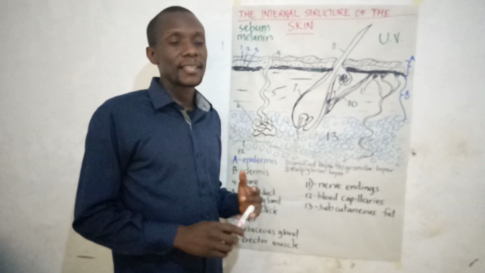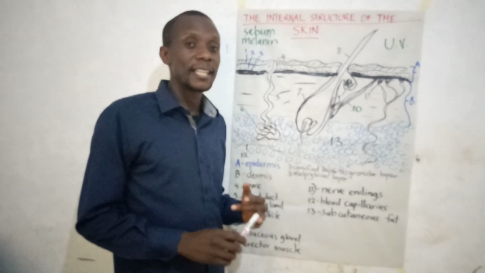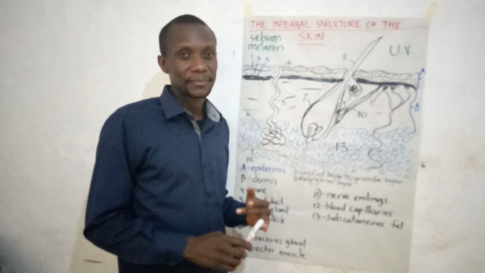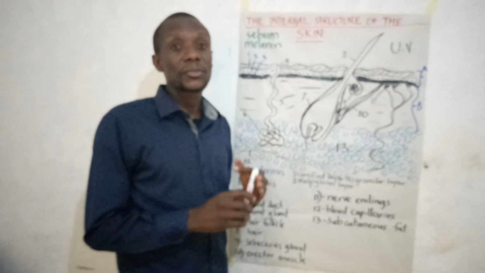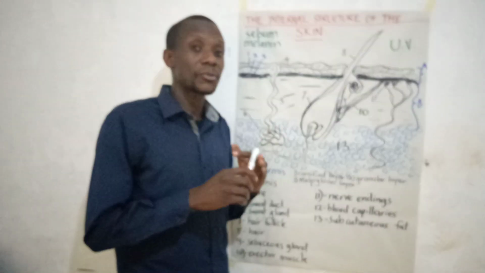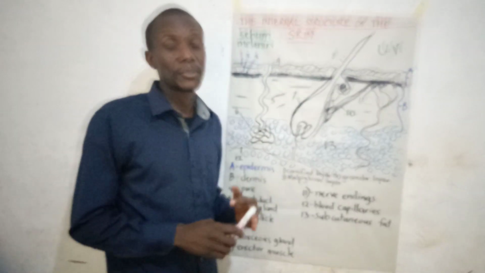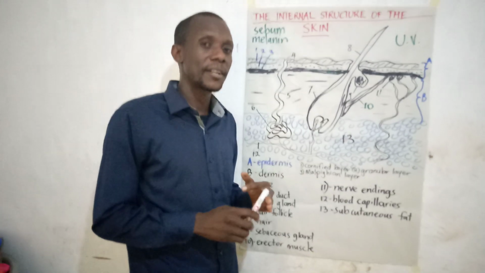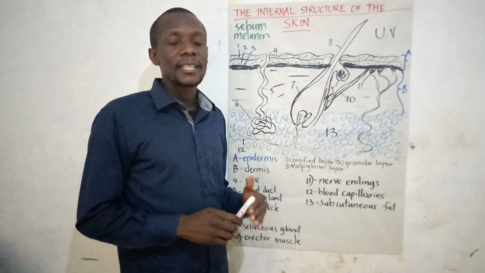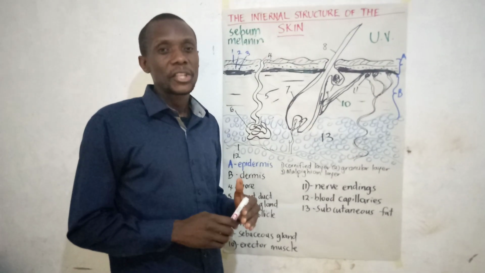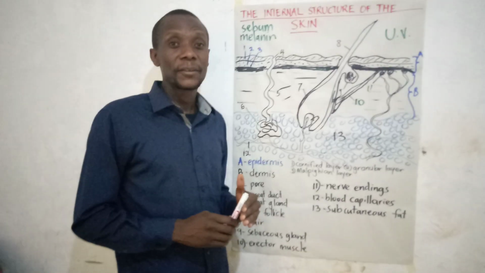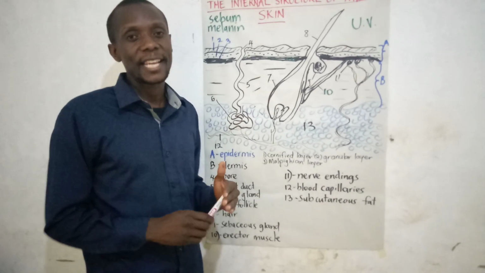The second issue is the skin is a sense organ for touch. The third one is your skin, it is an excretory organ. It excretes excess water and excess salts. The fourth one is your skin manufactures vitamin D with the help of sunshine.